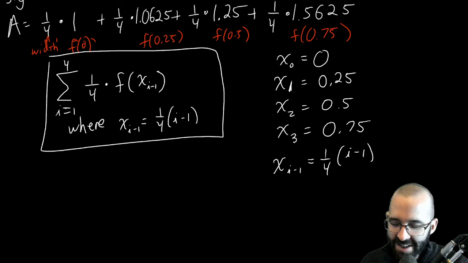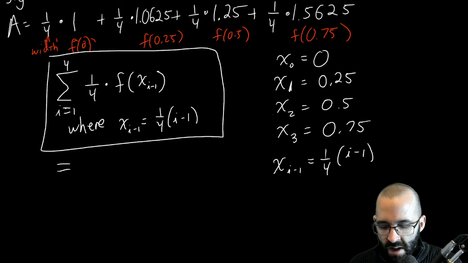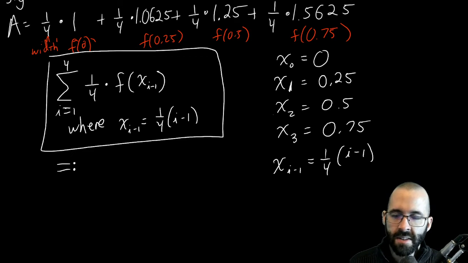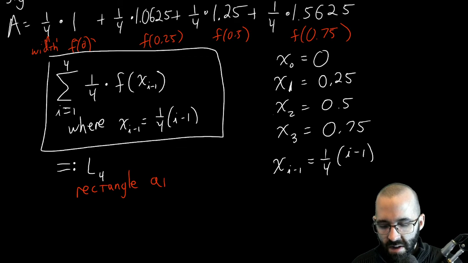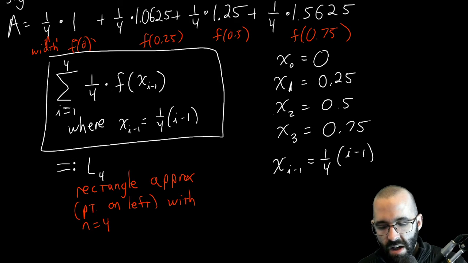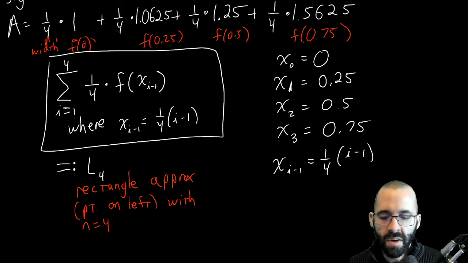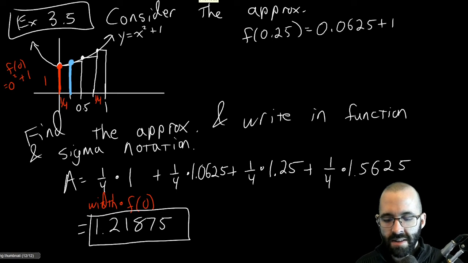But before I get ahead of myself, as a little definition, this is defined to be, that's what the colon means, by the way, L sub 4, which is the rectangle approximation where the points are on the left, that's why it's L, with 4 rectangles.